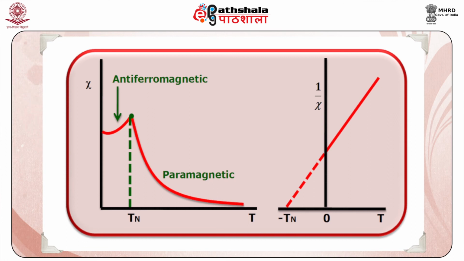Chi reaches a maximum value at the Néel temperature and then decreases with further fall in temperature. Therefore, a plot of 1/chi versus T should show a minimum at Tn. So antiferromagnetic substances, when heated beyond the Néel temperature, become paramagnetic.